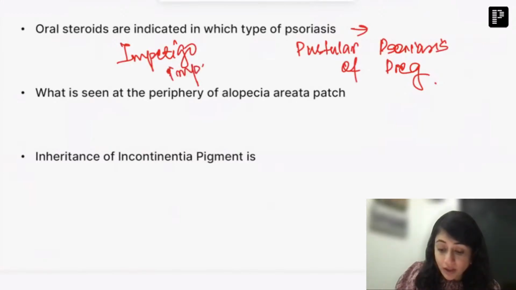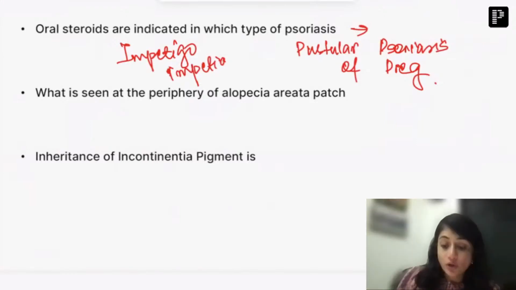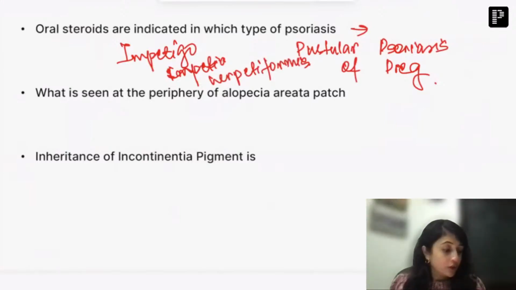Please remember that. Oral steroids are only used for pustular psoriasis of pregnancy or impetigo herpetiformis. Good. What is seen at the periphery of alopecia areata patch? So what is one thing that you see clinically in alopecia areata patch?